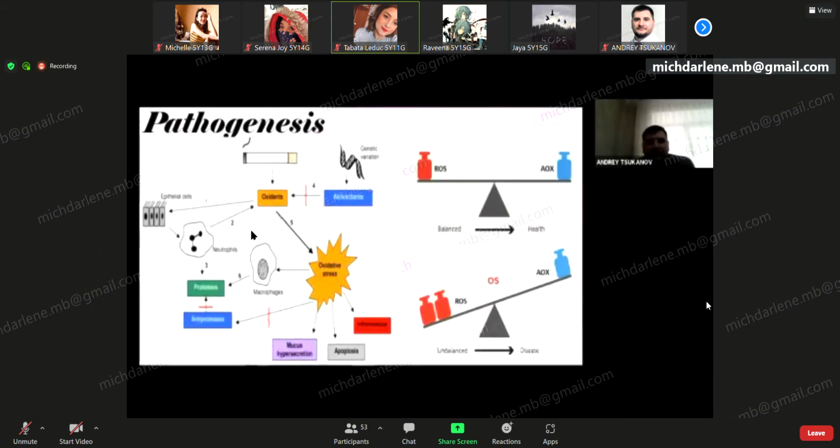So in this scheme you see the pathogenesis of thromboarteritis obliterans during smoking, and the main process is oxidative stress and change of antioxidants.